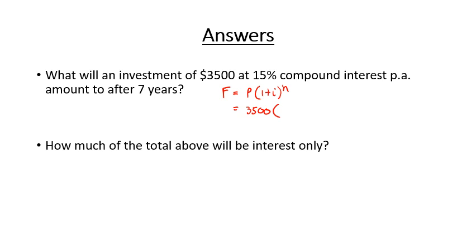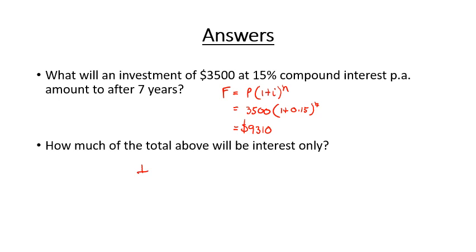We know that our I is going to be 15%, which is actually 0.15. Remember to change it to a decimal. And we know that we've got it for 7 years. This is going to give us a total amount of $9,310.